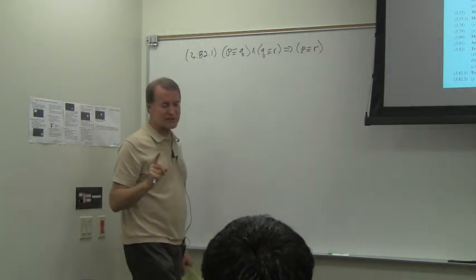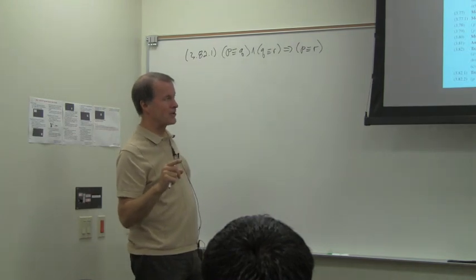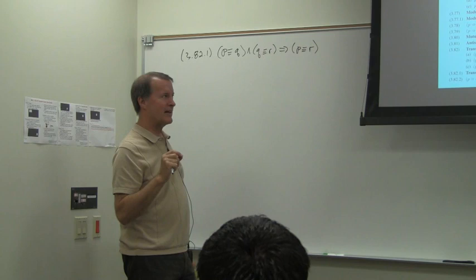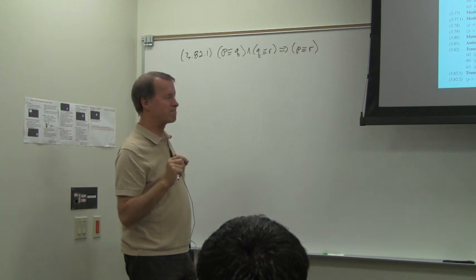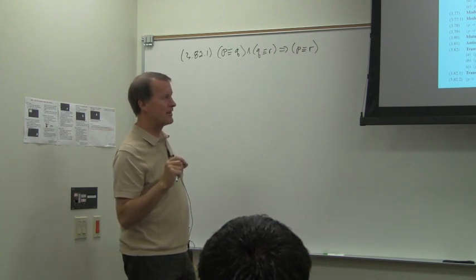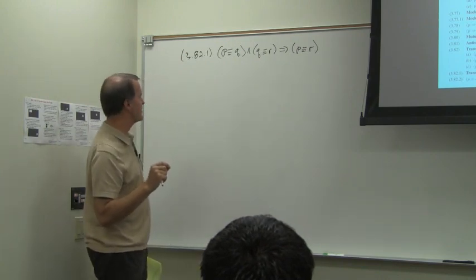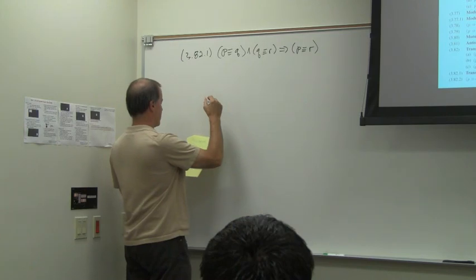One reason I want to do this is we're going to use a theorem that comes in really handy sometimes, and it's one that we haven't really emphasized yet. So let's start with the left-hand side.